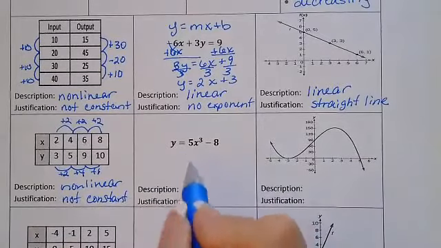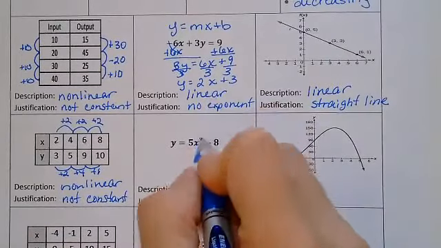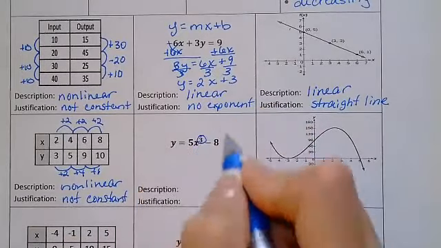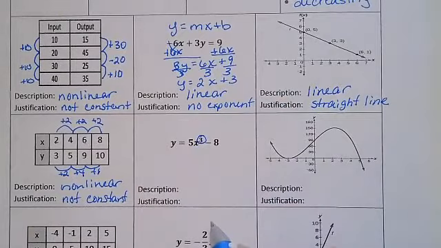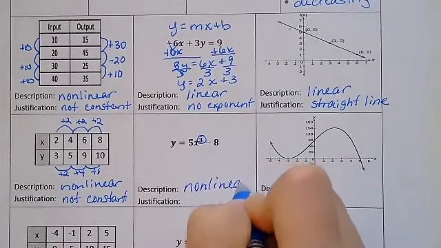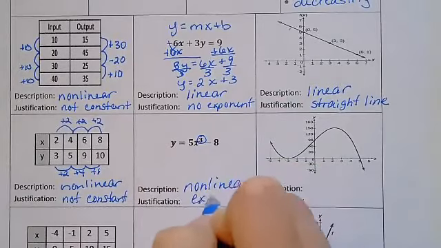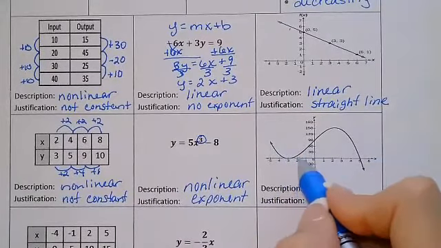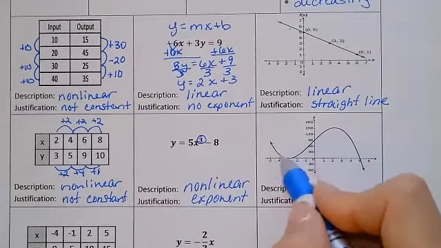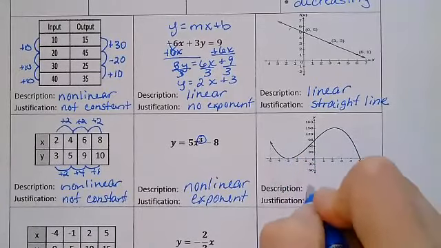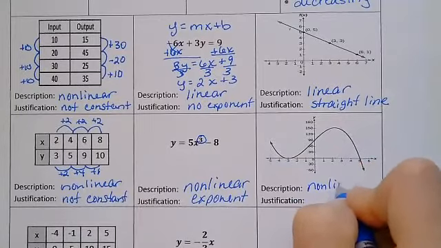Okay, now we're on the equation. It is in y equals mx plus b format, but I see an exponent. So that means it's going to be nonlinear. There is an exponent. Okay, looking at this line, it is definitely not straight. It is curved. So it's going to be nonlinear.